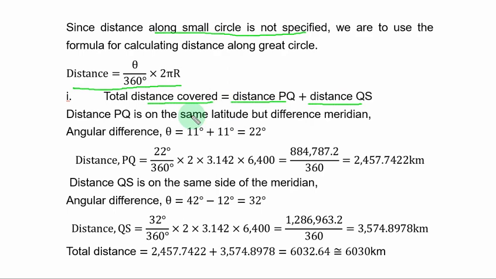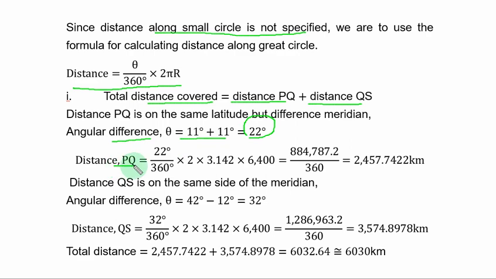Distance PQ is on the same latitude but different meridian, and as such the angular difference becomes 11 degrees plus 11 degrees, and that is 22 degrees. Since the points are on different sides of the meridian, you have to add them to get the angular difference.